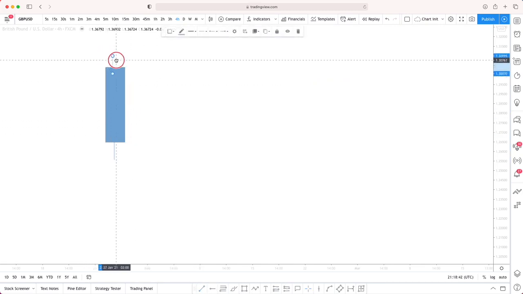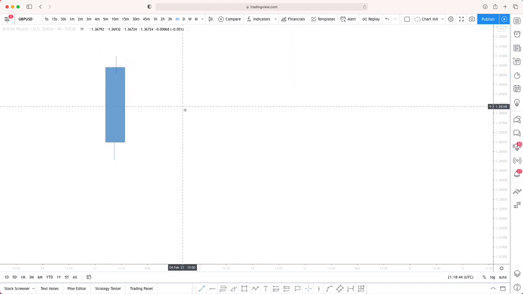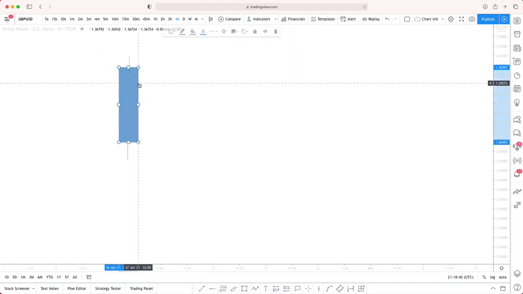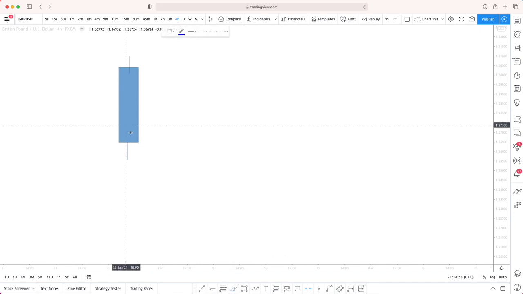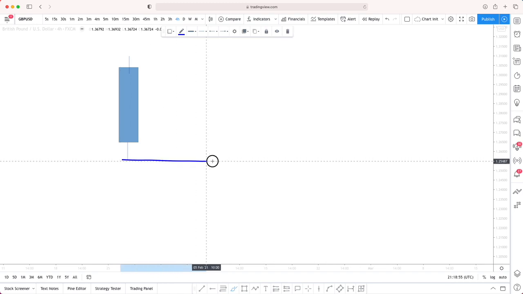In order to actually enter from an OB, you have 2 points. First, you can use the open, which is from here, as your entry. So this is entry 1.